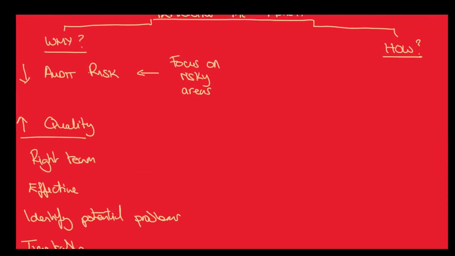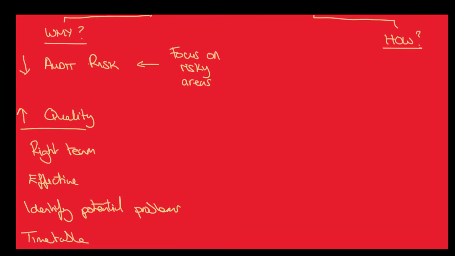We need to identify potential problems up front. So any areas where we need to get certain information that might be quite difficult to get, let's make sure we understand that at the beginning. And finally, let's create a timetable, so we understand what resources are needed, the client understands when we're going to be there, etc. So all those things will help improve the quality of the audit.